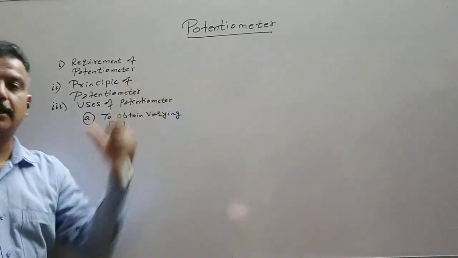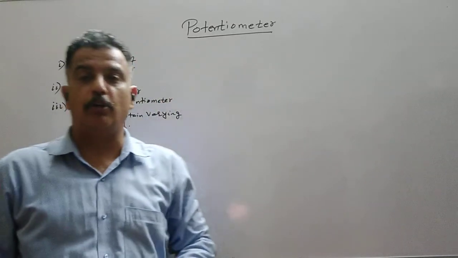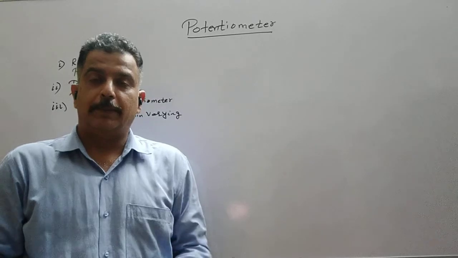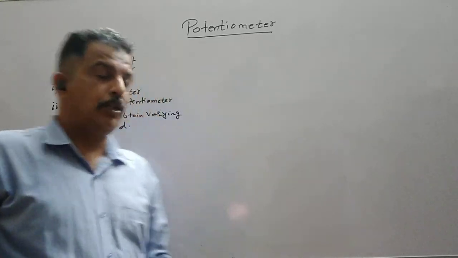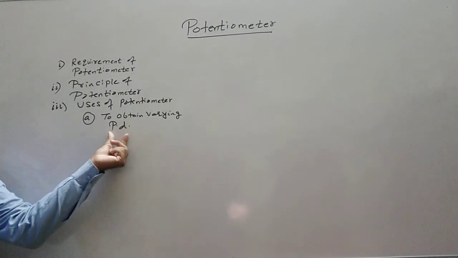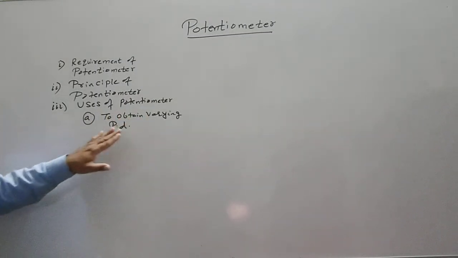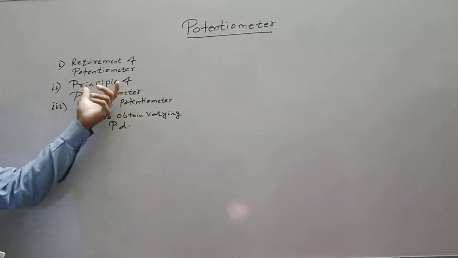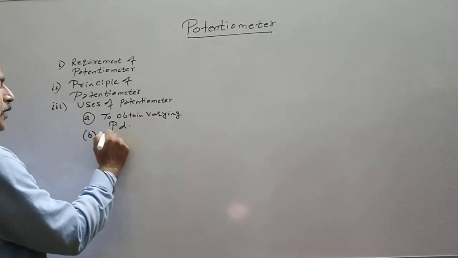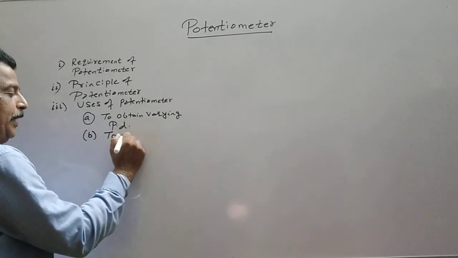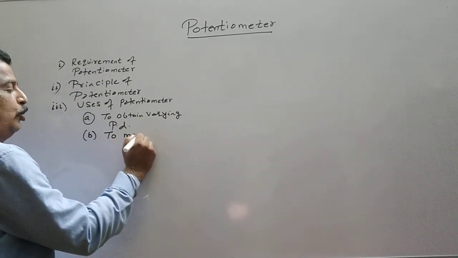So we will see that a potentiometer consists of a very long wire. Depending upon its length, we can obtain different potential difference across its length, based on its principle.